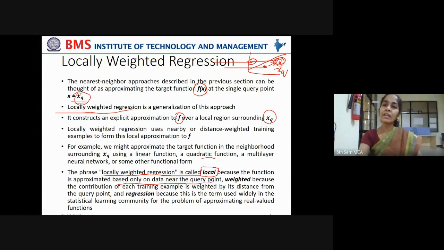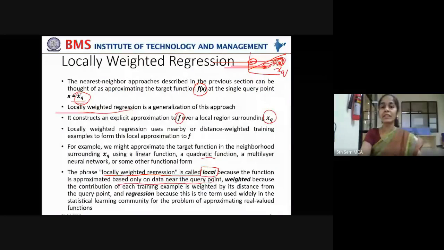So all the nearest neighbors will be given more weight and all the far neighbors will be given lesser weight. Based on this weight, we try to understand its contribution in predicting the class of the new instance, whether it belongs to a star class or a circle class. That is why we call it locally weighted regression.